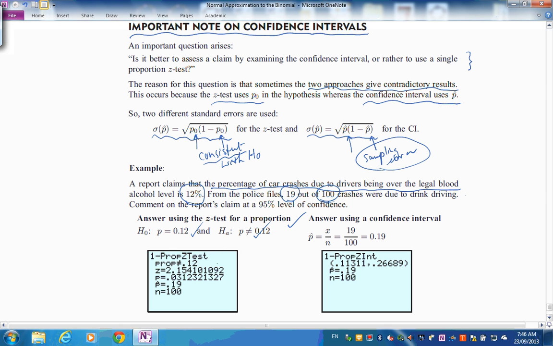Now, putting in 0.12, Z equals 2.154. This is using P equals 0.12 in the calculation of the standard deviation. The calculator will use this.